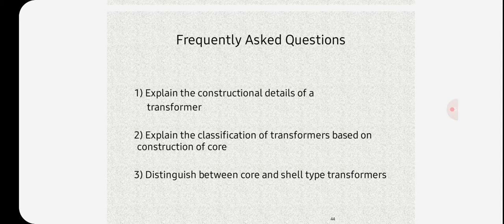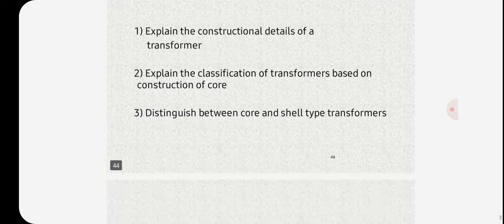Here are a few questions previously asked. Explain the construction details of transformer, explain the classification of transformers based on construction, and distinguish between core and shell type of transformer.